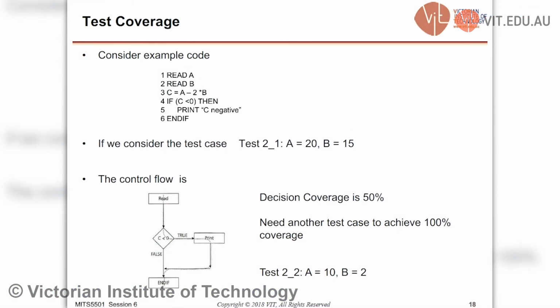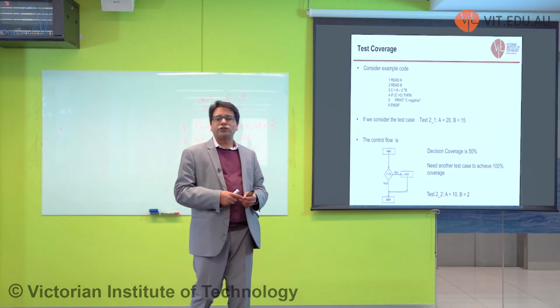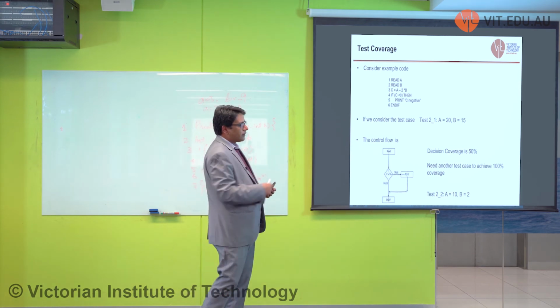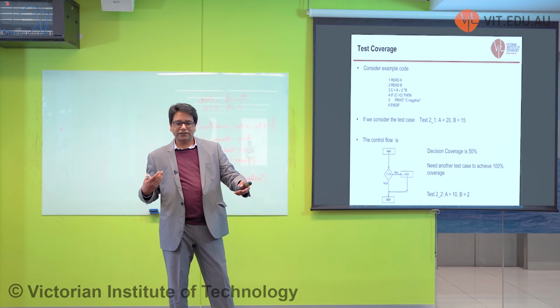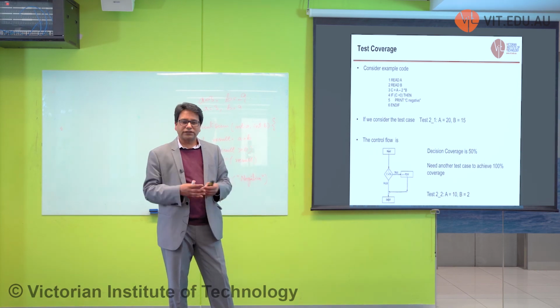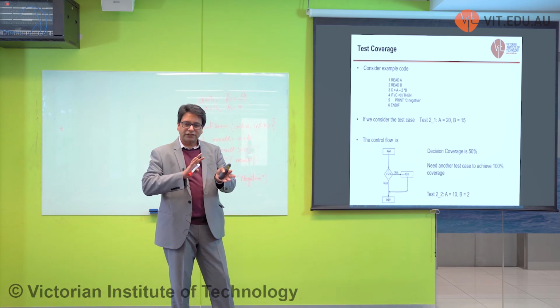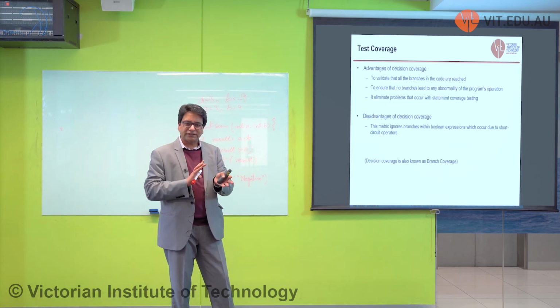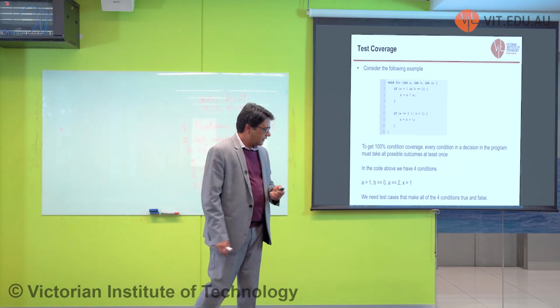For example, we provide a test case where A is 10, B is 2. So 2 multiplied by 2 is 4. We have a positive number. In that case, the else statement would be executed. So you see, we provide different test cases with different data sets, and we execute the complete code.